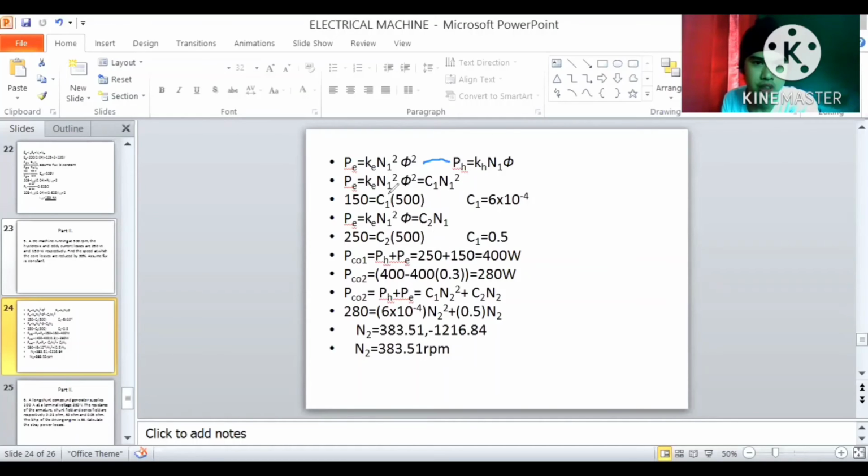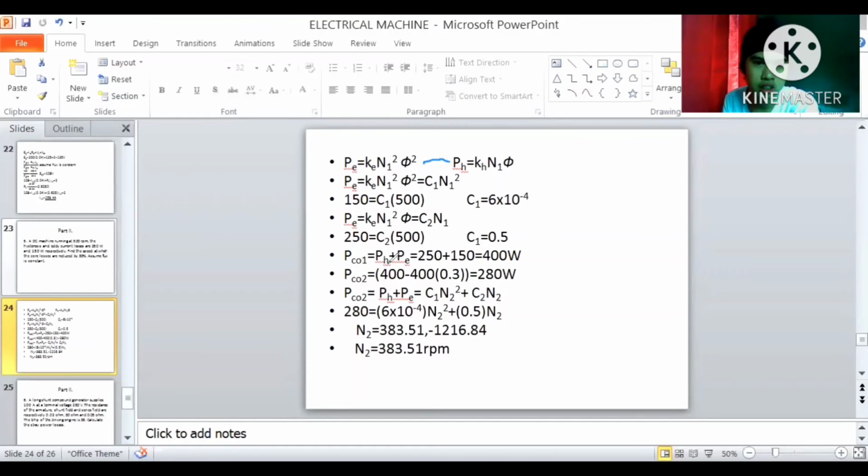So 150 equals C1 times 500 squared. So C1 equals 6 times 10 raised to negative 4. Then PH equals KH N1 flux, C2 N1. So 250 equals C2 times 500. So C2 is 0.5.